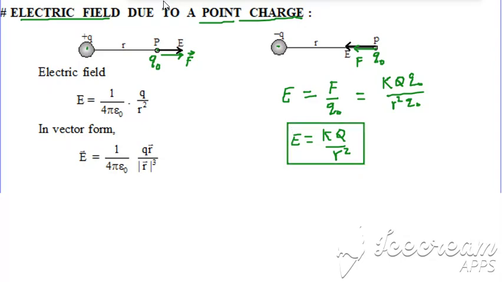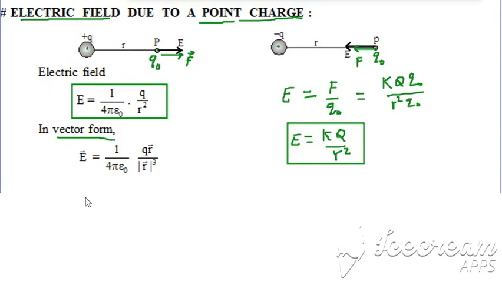So that's the magnitude of electrostatic field, which is also written as 1 upon 4 pi epsilon naught, Q upon R square. This is being considered in air or vacuum. Now since E is a vector field, we have talked about the direction and magnitude separately. We can combine the direction and magnitude together to write in vector form.